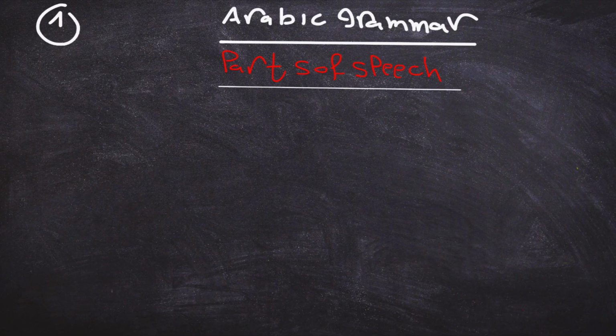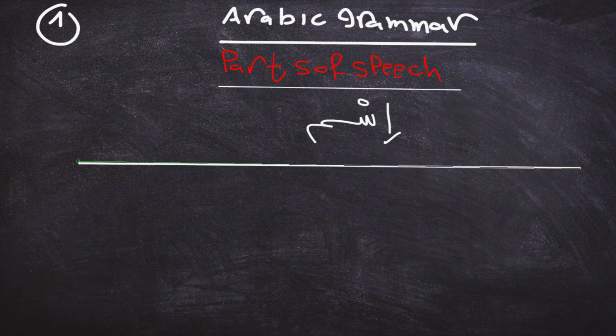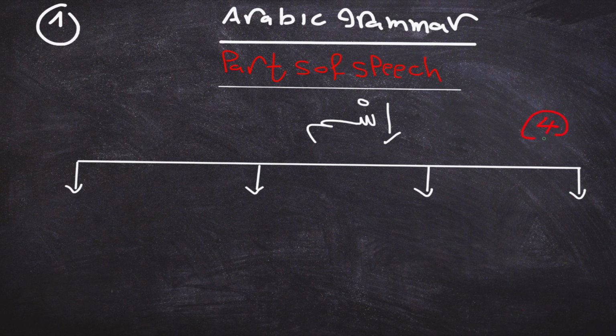Let's focus more on ism. To fully understand ism in Arabic, you have to understand 4 features that stick with the ism and cannot leave ism. There is no ism without these 4 features: الجنس, العدد, التعريف, الإعراب.